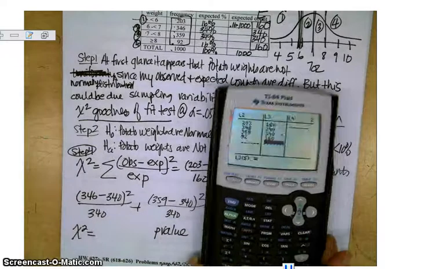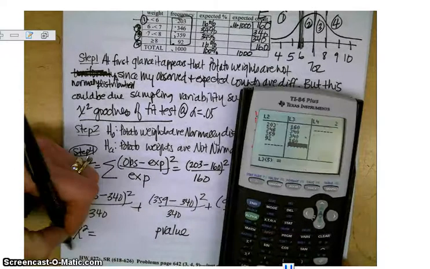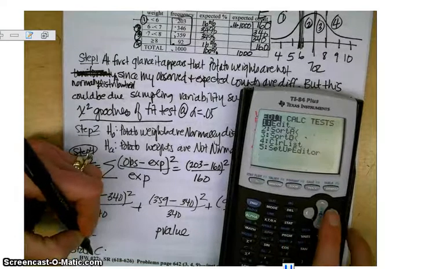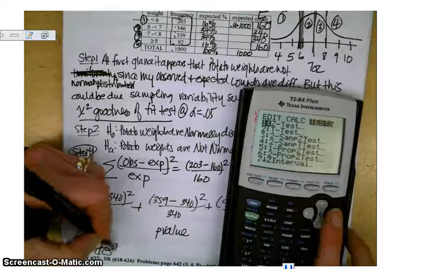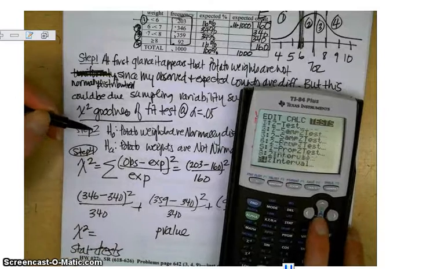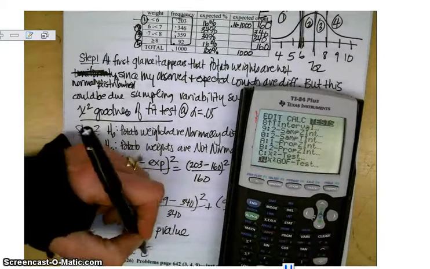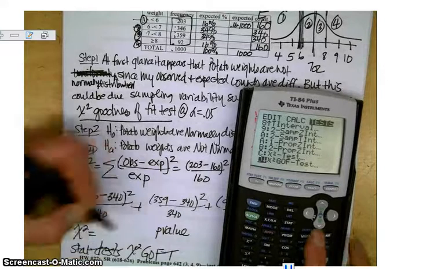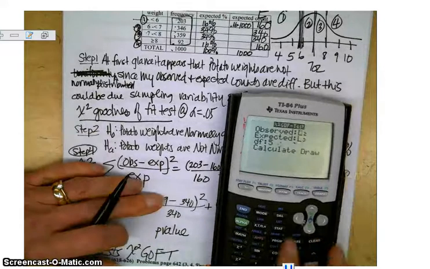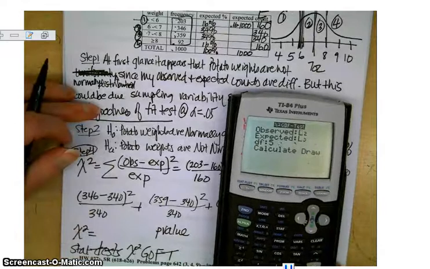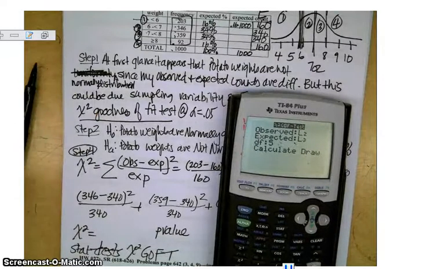So you enter them in a list, and then you go to stat tests, and if you go down, you'll find a Chi Square GOF test. You tell it where your observed and expected lists are. Mine happen to be list 2 and list 3. And then my degrees of freedom. What's my degrees of freedom here? 3.